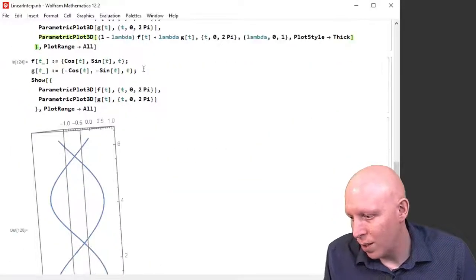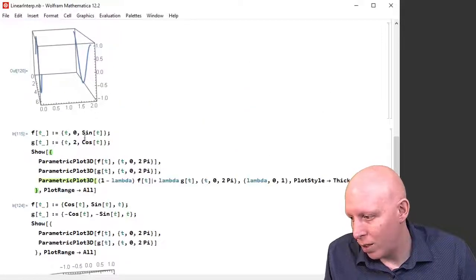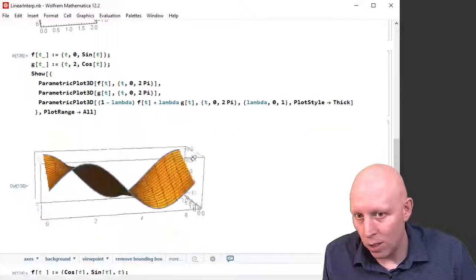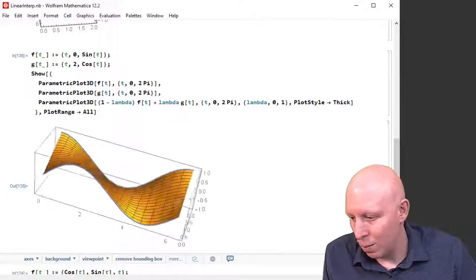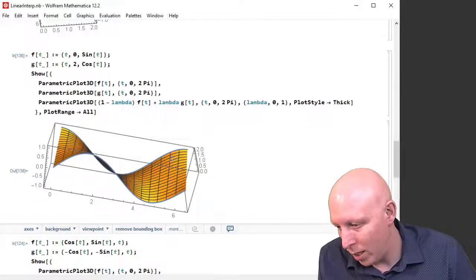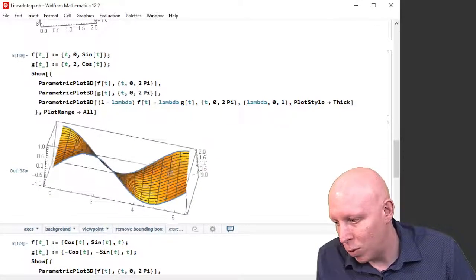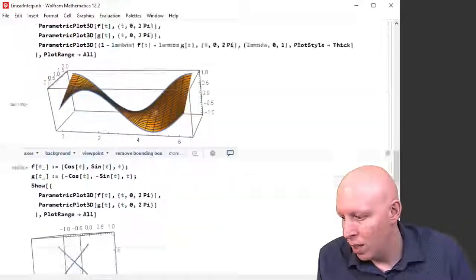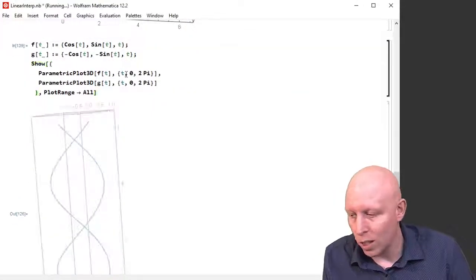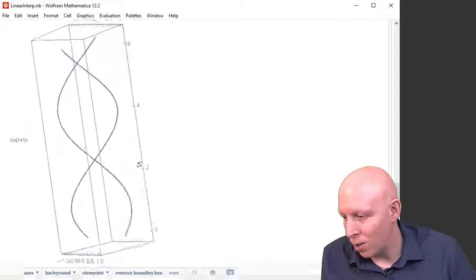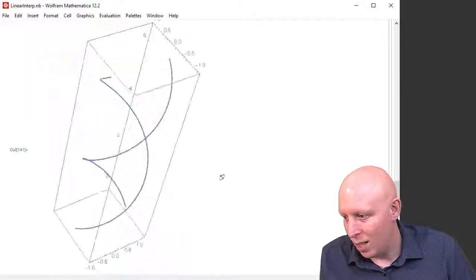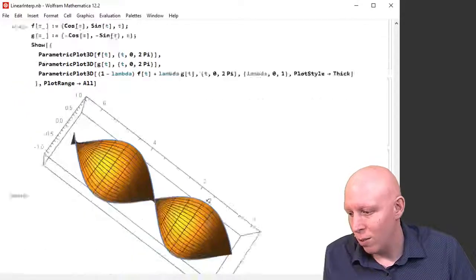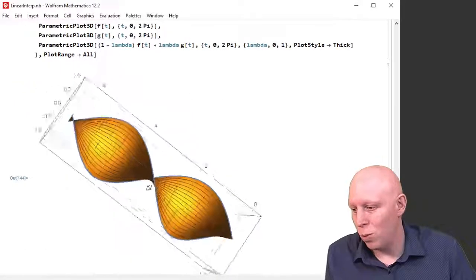Here we have our 2 curves, and if we do an interpolation between them, then we get a surface that at any value along the way creates a line between them, but when you put it all together, it makes a really snazzy surface. We can do this for a helix and its partner, so this is a double helix. And then if we make the linear interpolation on that, we get this really cool spiral surface.